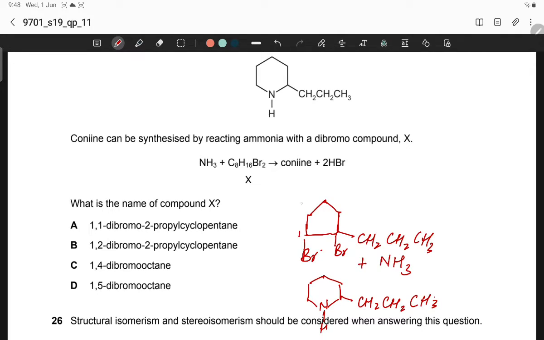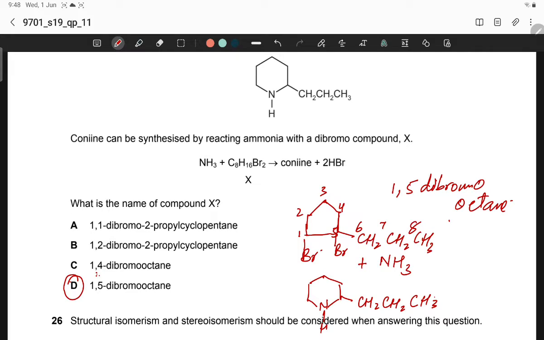This is 1, 2, 3, 4 and 5. It is 1,5 dibromo, 6, 7 and 8 dibromo octane. So D option must be correct.